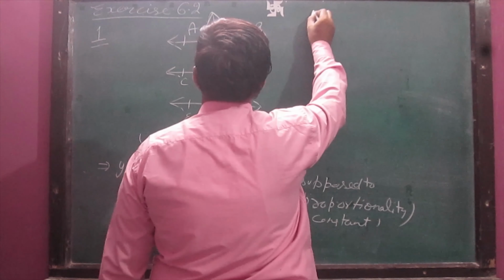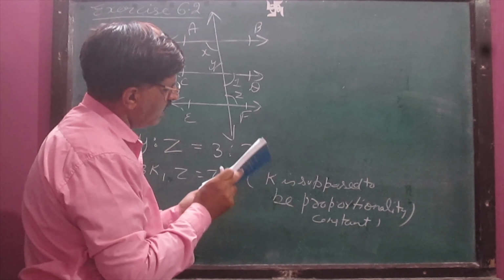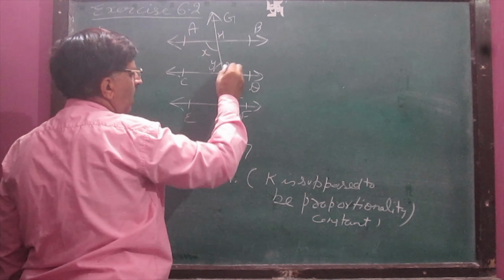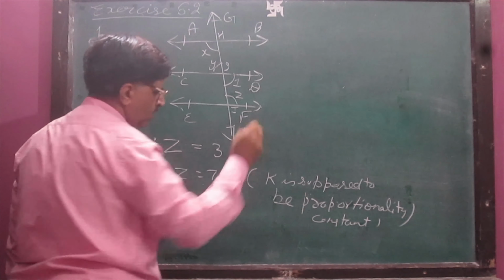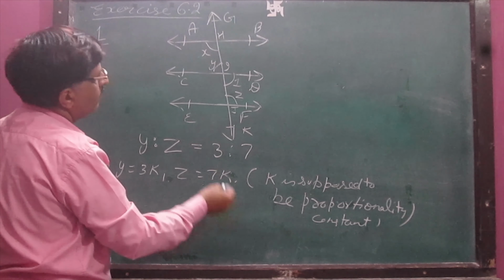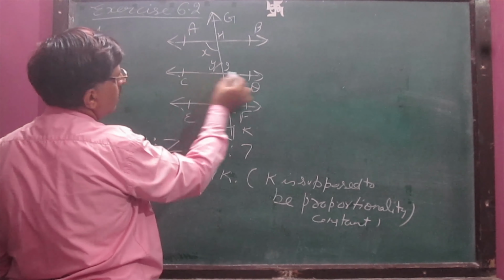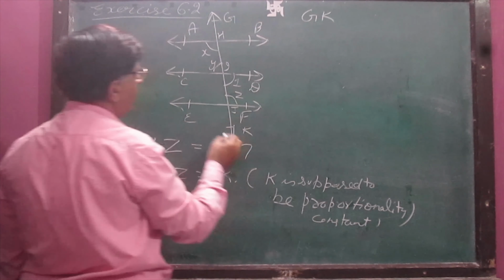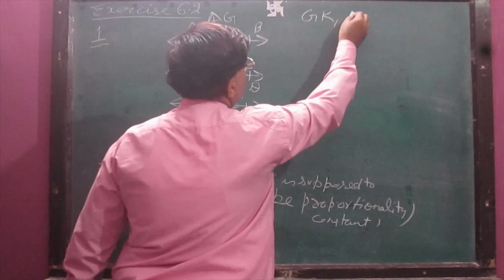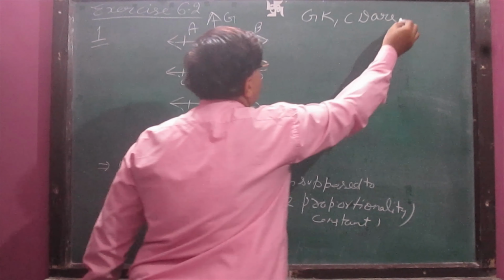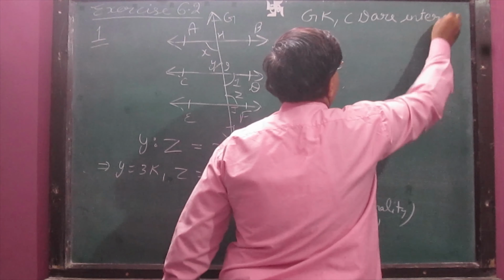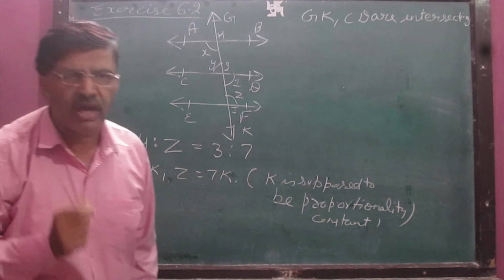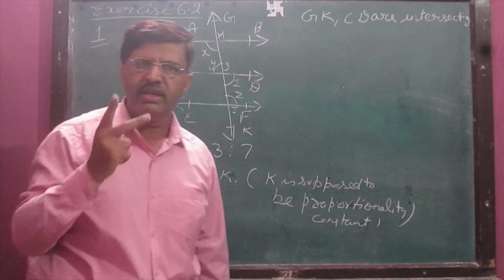See, no name is given for the lines in the figure, so write G, H, I, J, K. See, here line GK and line CD are intersecting. Keep in mind, when you are to apply vertically opposite angles to be equal, you must write the names of the two lines which are intersecting.